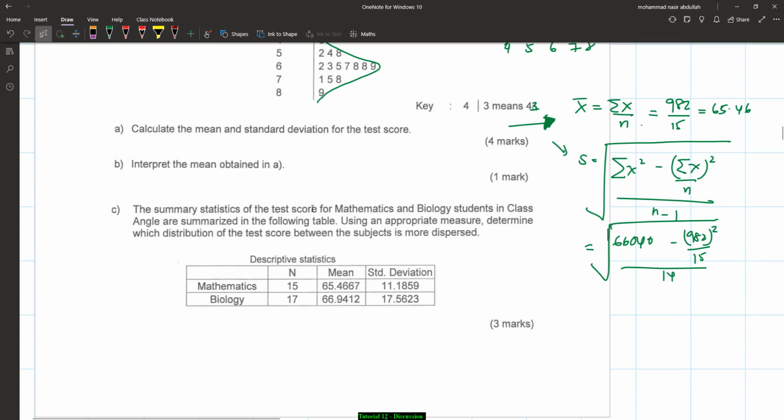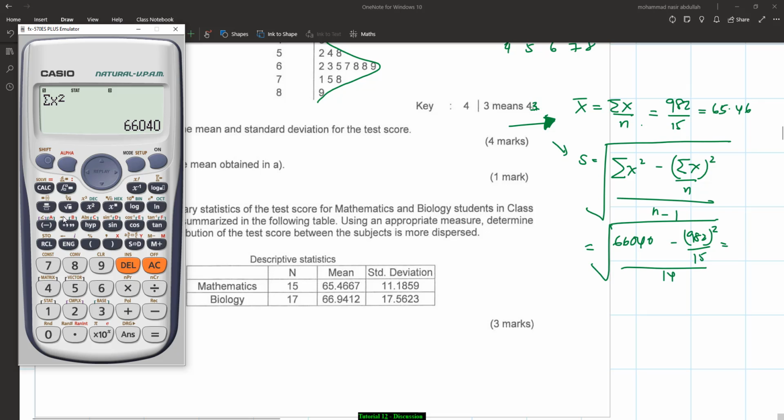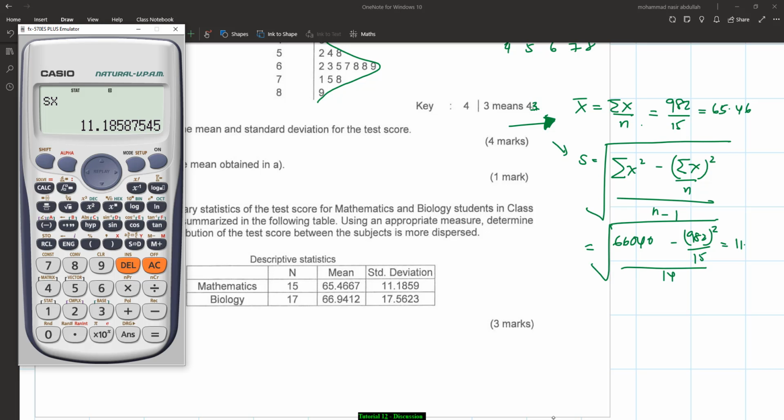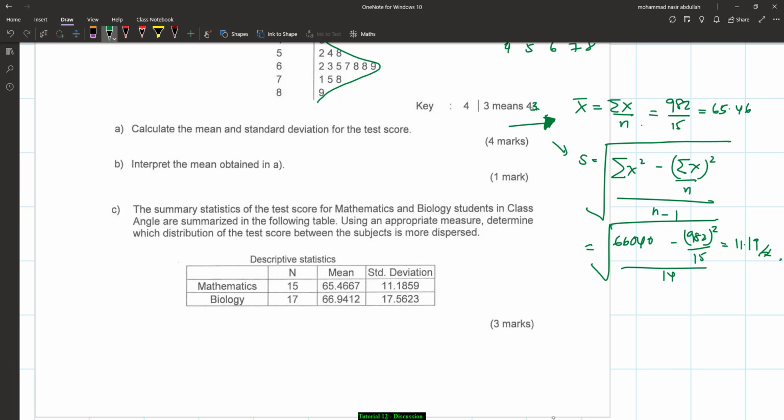So this one should be berapa? Shift 1 4. This is number 4 equal to 11.1819 lah. Okay. So this is a mean and standard deviation.